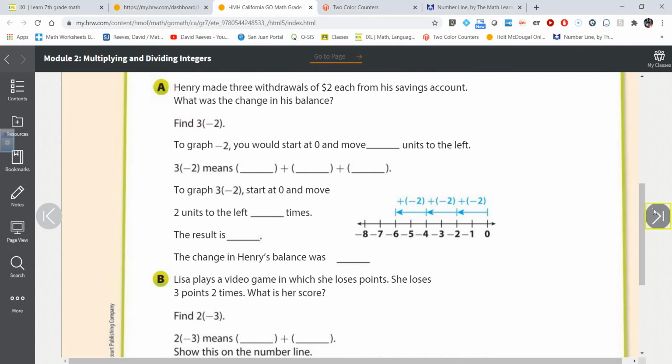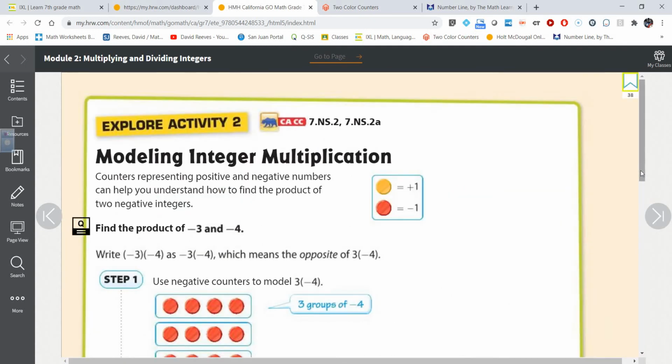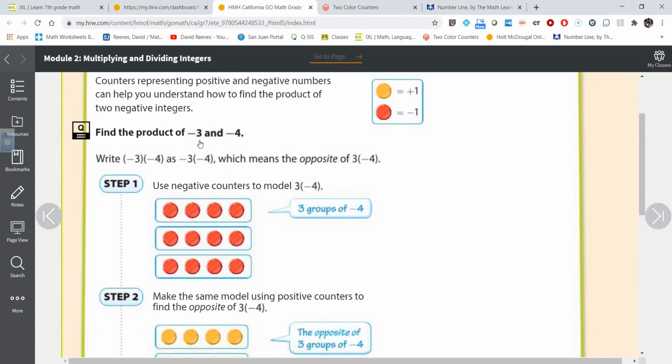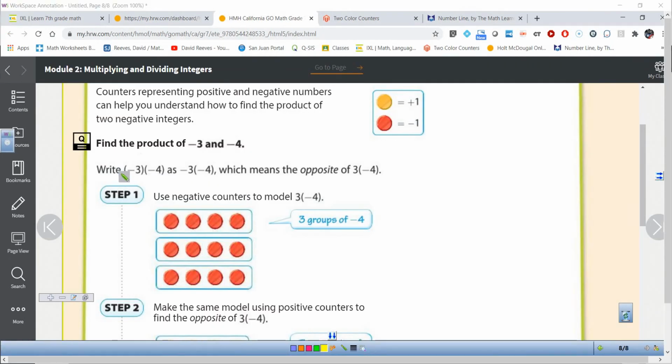So if we actually go to the book, as what they were doing on this application, I kind of just brushed by it. They want us to multiply negative 3 times negative 4. And this is the key. It says write negative 3 times negative 4 as this, which means the opposite of 3 times 4. All right, now you notice when you look at these, some are in parentheses and some are not.